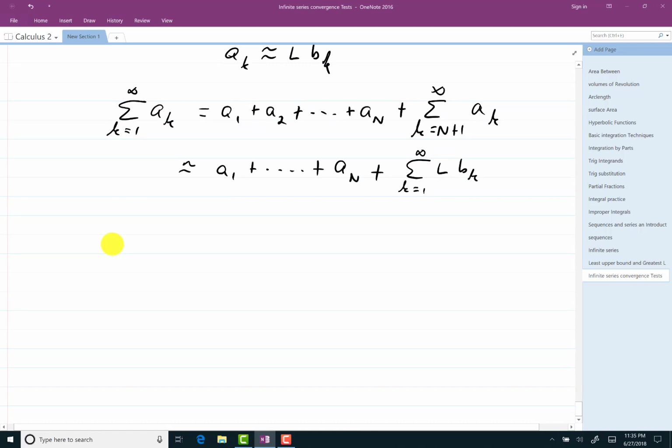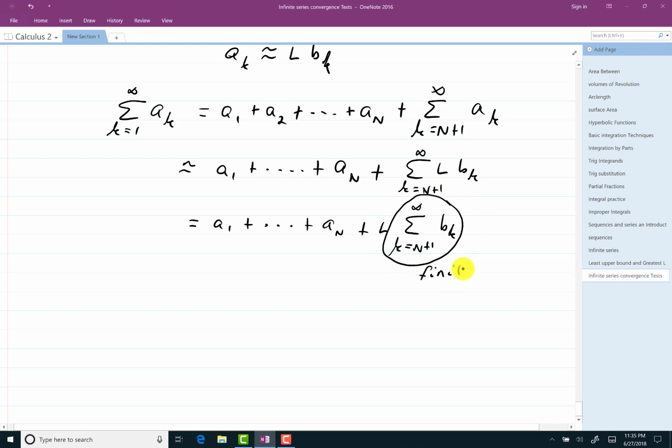Now, if it's true that B sub k is convergent, that means I'll be able to factor the L out front. And since B_k is convergent, we know that this piece right here is finite. And no infinite series has infinite terms as far as a number is concerned.